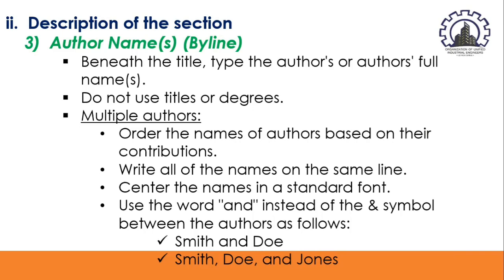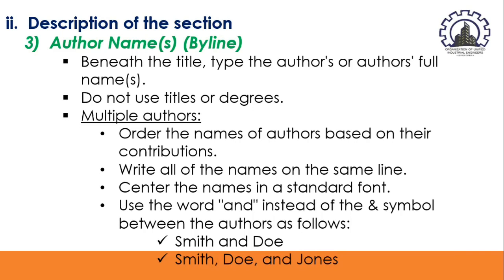So in your research study, especially in your title page, you cannot make use of your title or degree. It's just plainly your first name, your initials, and your last name or surname, okay?